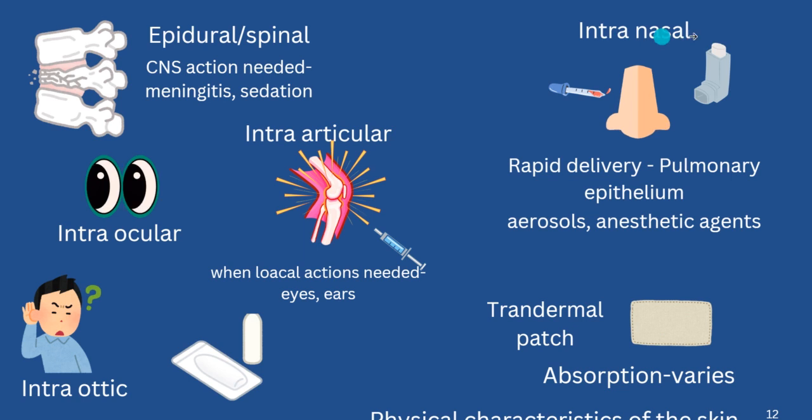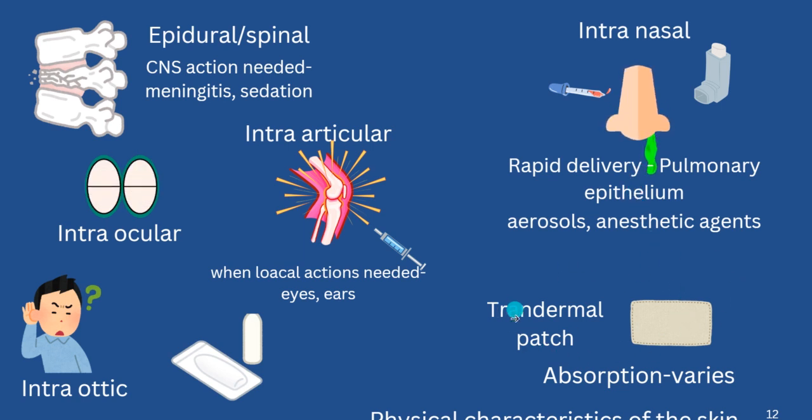With the intranasal route, the drug is given in aerosol or inhalation forms and reaches the pulmonary epithelium. If a patient is asthmatic, you can use the intranasal route.